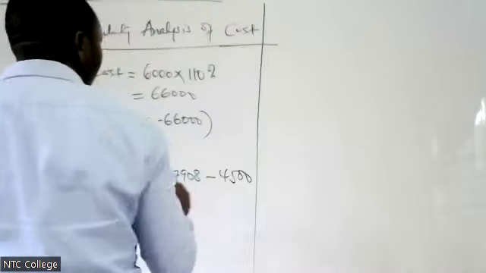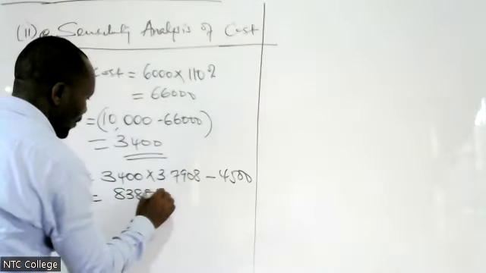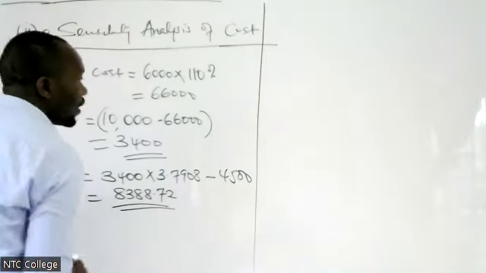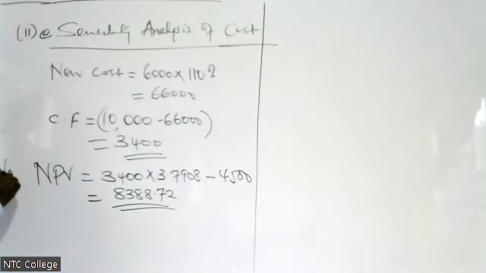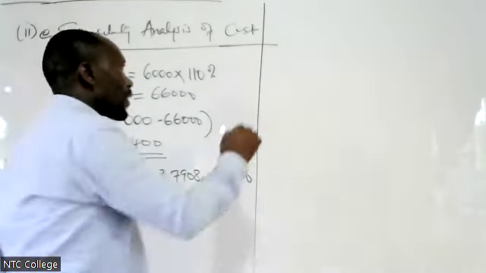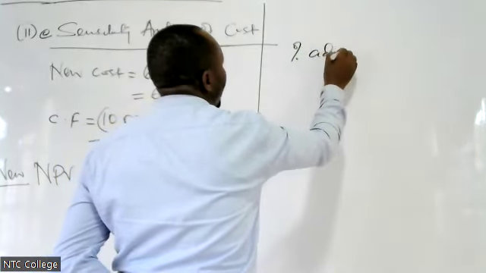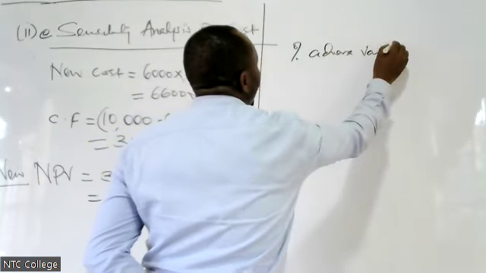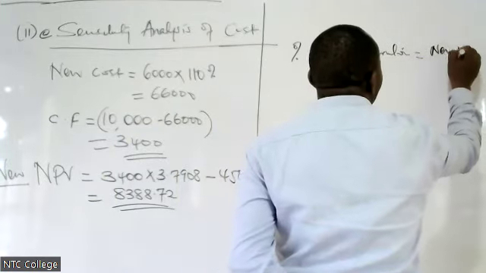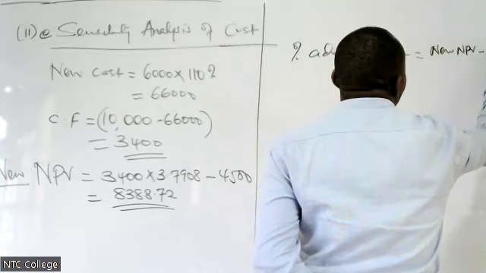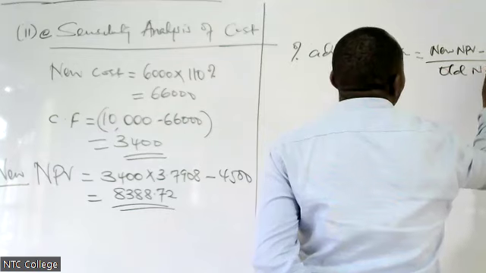$88.72. So that is our new NPV after the change. The same way you can now talk about adverse variation: percentage of adverse variation or change is equal to new NPV minus old NPV, all over old NPV.